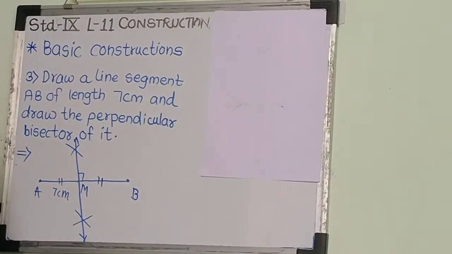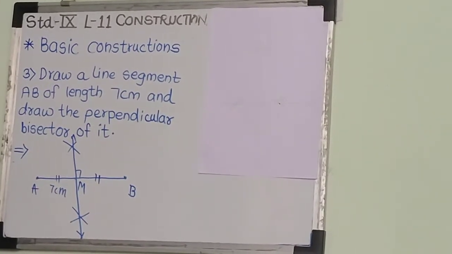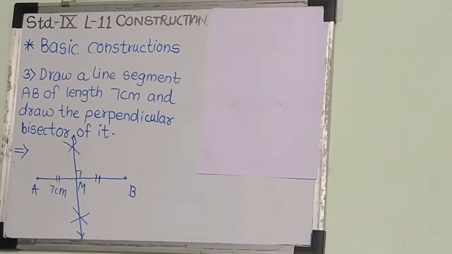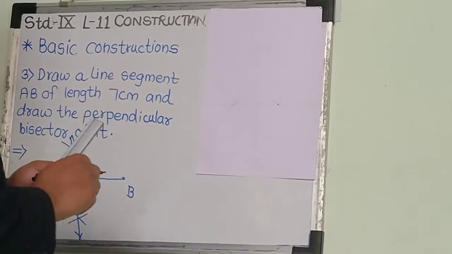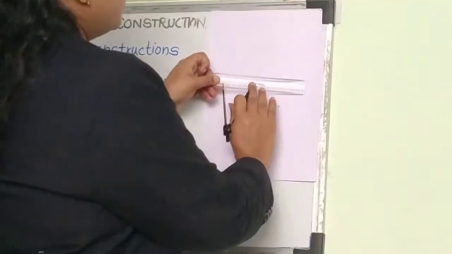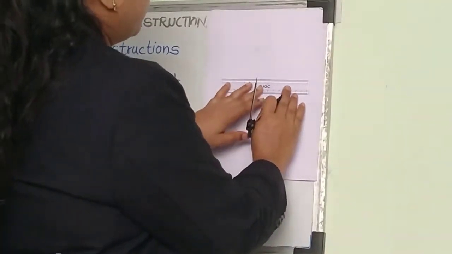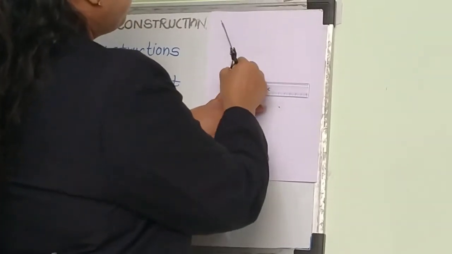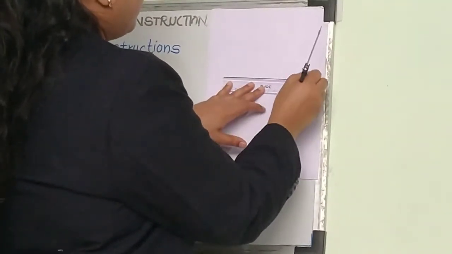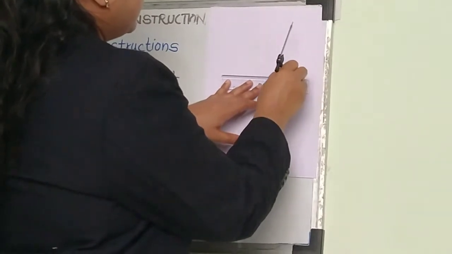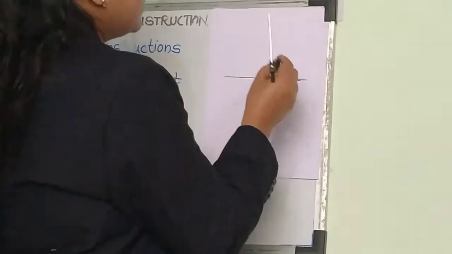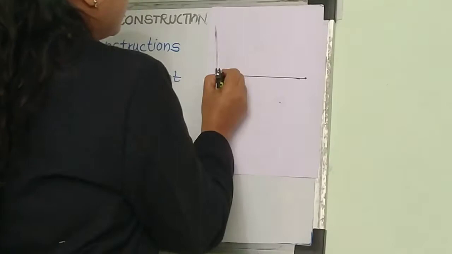So first what will we do? First we are going to draw a line segment of measure 7 cm. Initially we draw the line segment which is of 7 cm.